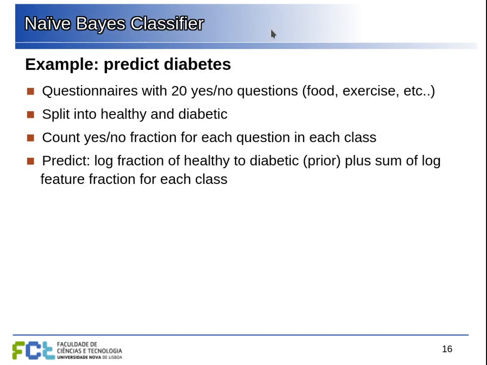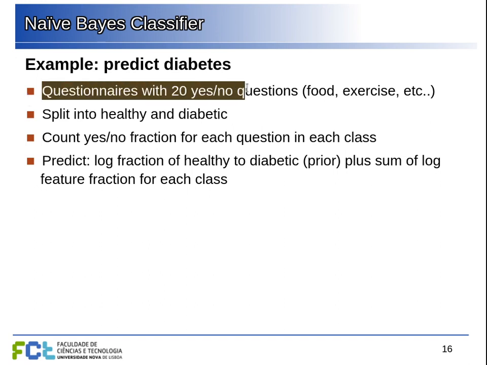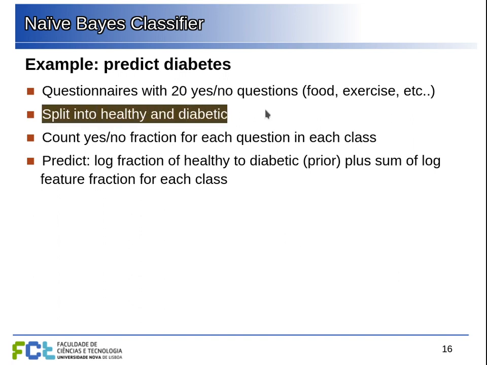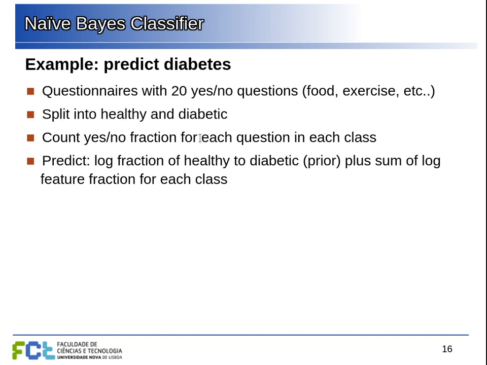Let's see what this means for the diabetes example. If we have these questionnaires, we can ask our subjects for the training set to fill in the questionnaires, and we're going to split them into two sets, the healthy subjects and the diabetic subjects. And now, for each of these two sets, we count the fraction of yes and no for each question.